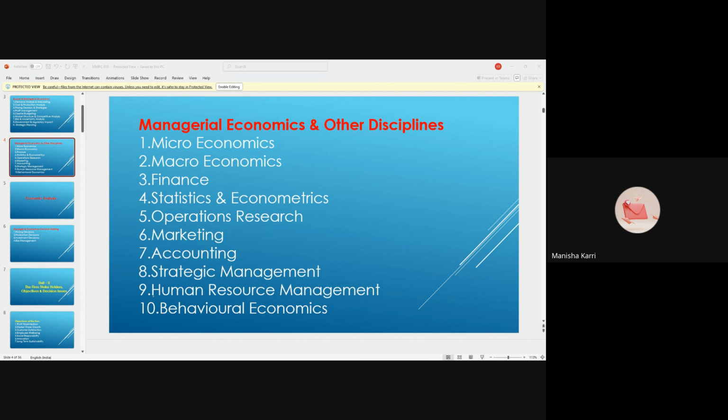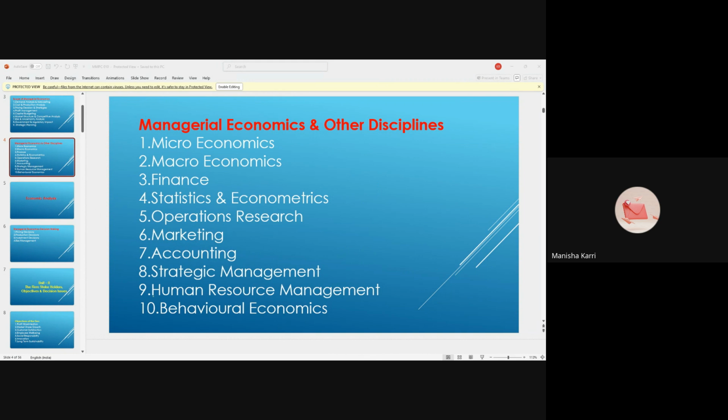So here are some key related disciplines, which we will discuss now. Microeconomics provides the foundational theories of supply, demand, cost, and other market structures, which are essential for understanding and predicting business behaviors and market outcomes.